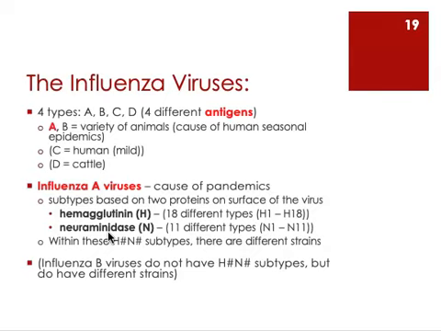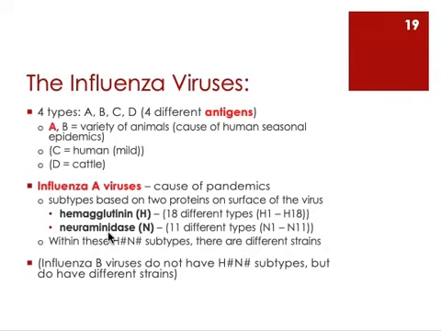Those proteins fall into these two groups, hemagglutinin and neuraminidase. It turns out there are 18 different types of hemagglutinin, and they number them H1 to H18. There are 11 different types of neuraminidases, so those get N1 to N11.